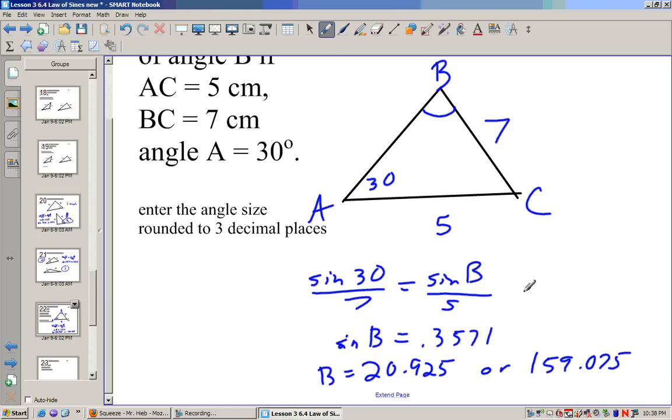Now if I add 30 to this answer, can I get another value for C? And that answer is no. So 20.925 degrees is the only value that will work for B in this situation. And we could have also seen, because the opposite is larger than the adjacent, that there's only going to be one angle.